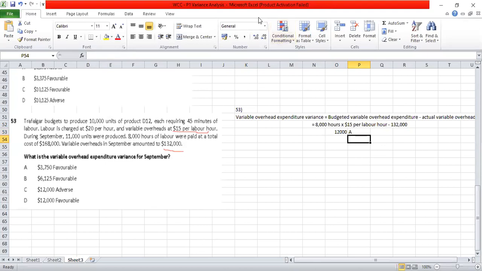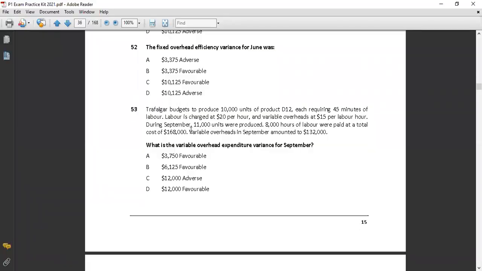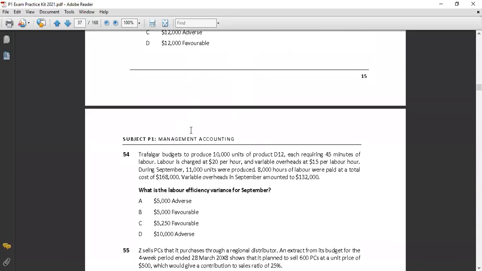The next question from the exam kit is also the same set of data, but here it is asked for what is the efficiency variance. So let's differentiate between expenditure variance and efficiency variance.